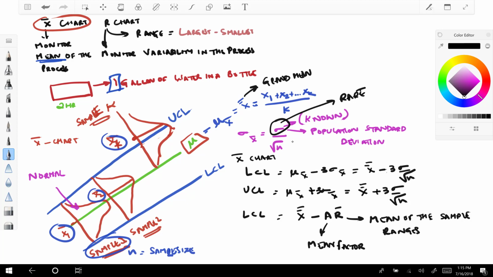For the upper control limit, UCL, it will be x double bar plus A R bar.